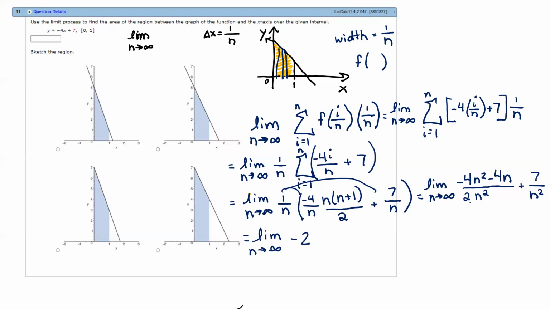That negative 4n squared over 2n squared becomes a negative 2. And then we have that negative 4n over 2n squared. This is going to be minus 2 over n. And then we have plus this 7 over n squared.